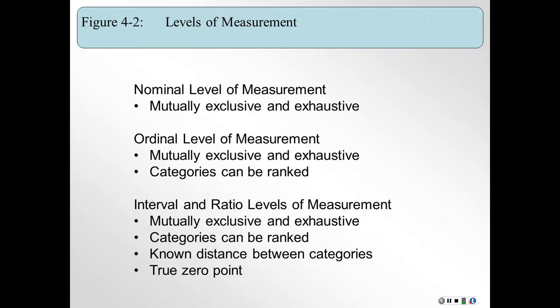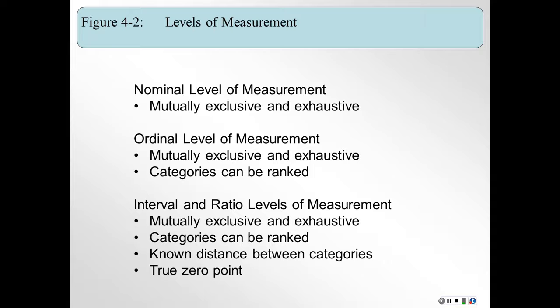What kind of mathematical properties do they have? Well, the only mathematical properties the two categories would have would be that, first off, they're different from each other, and secondly, that under ordinary circumstances, every case we look at, every observation we make will fit in one and only one category. We refer to these two things as being mutually exclusive and exhaustive.